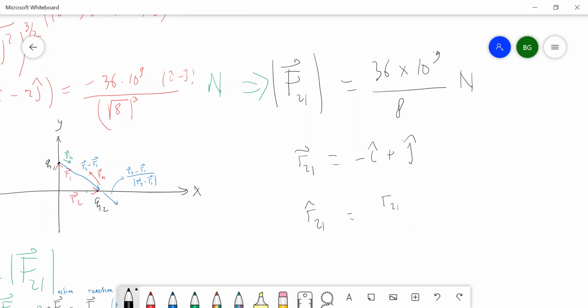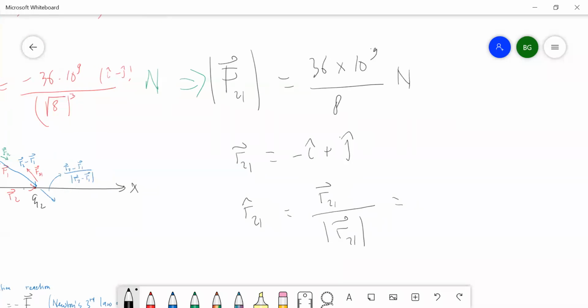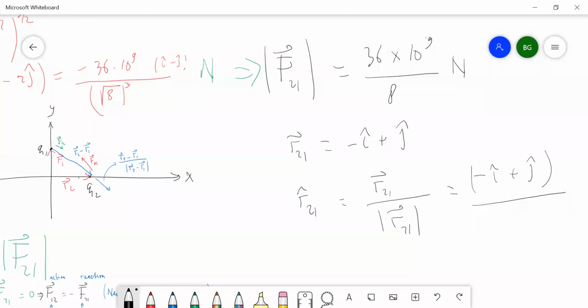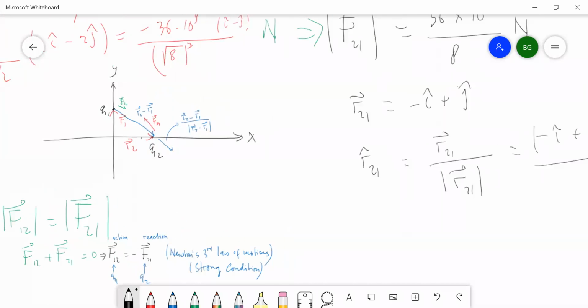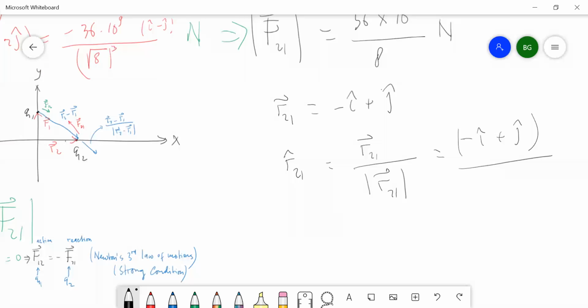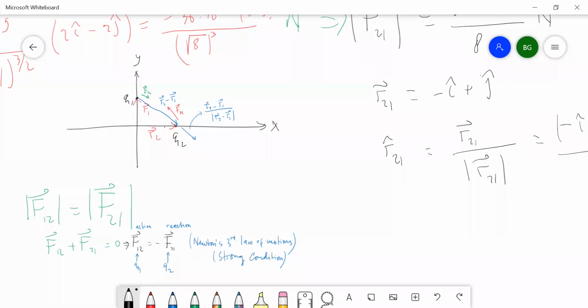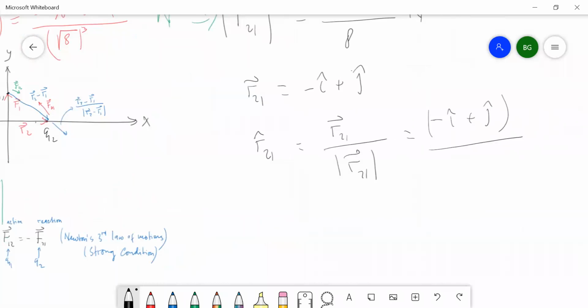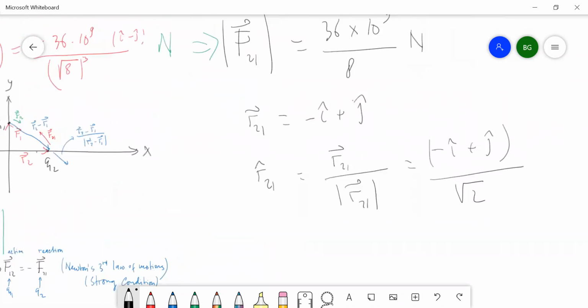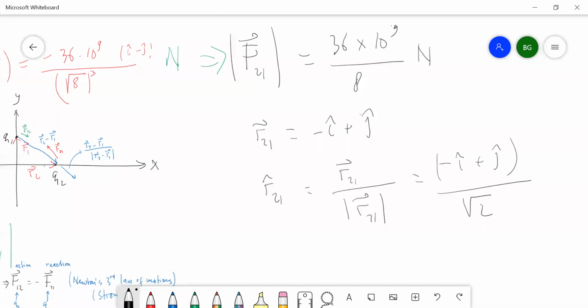This R21 over R21. So this is minus 5. The magnitude of R2. Sorry, this is square 2. Okay.